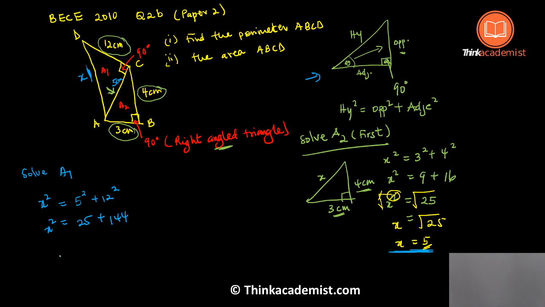Adding them gives us 169, and then we have x squared. We need to get rid of the square by introducing the square root, and the square root will cancel. We'll have x equals root of 169, which is also a perfect square, and it is 13.